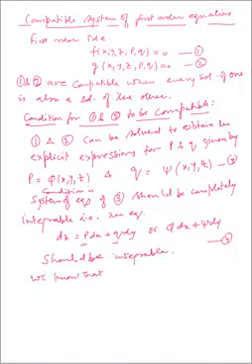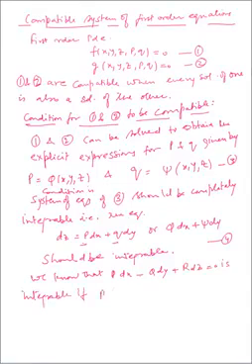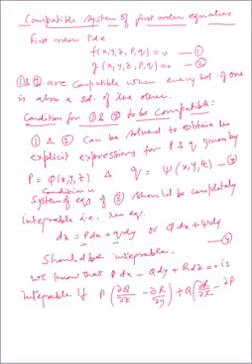We know that P dx plus Q dy plus R dz is equal to 0 is integrable if P (del Q upon del z minus del R upon del y) plus Q (del R upon del x minus del P upon del z) plus R (del P upon del y minus del Q upon del x) is equal to 0.